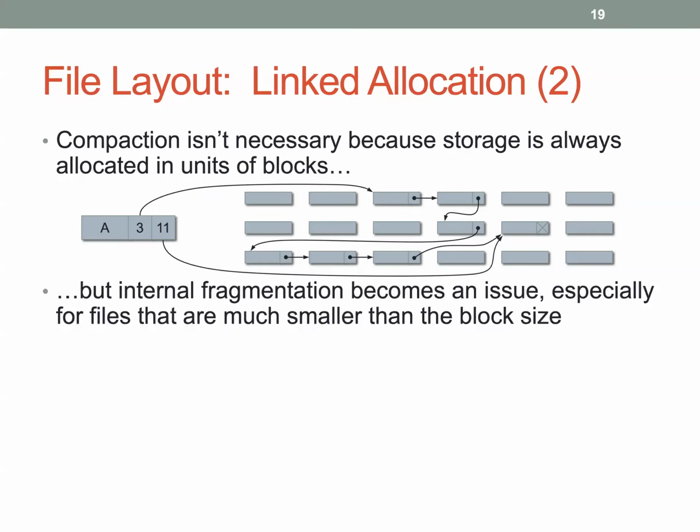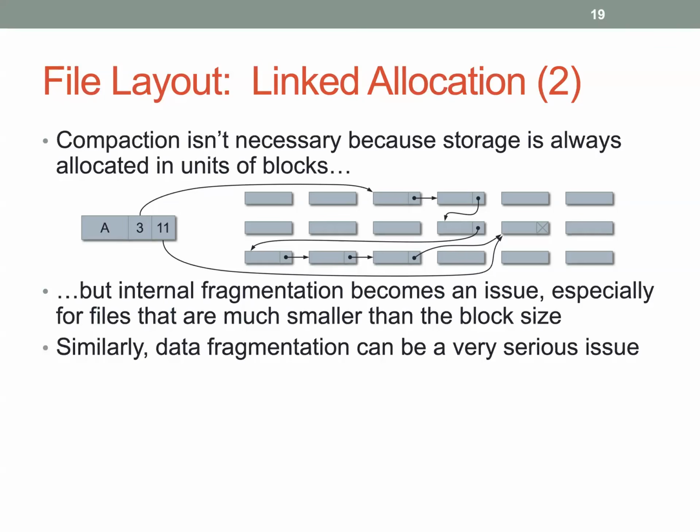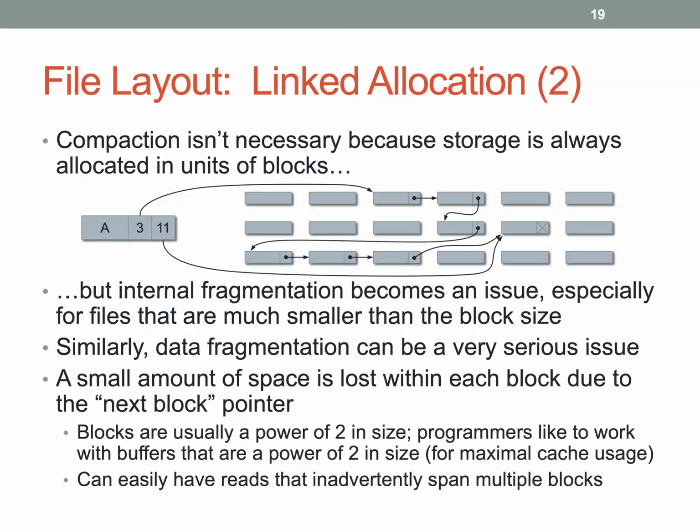You do have internal fragmentation though, because if you have a large block, you can only hand out large blocks, and you want to store small files, then you start to waste space every time you do a file allocation. And data fragmentation, like I said, if the logical ordering of the file doesn't correspond to the physical ordering of the file, and the device has a seek overhead, you are sad with this kind of approach. It's going to be slow.